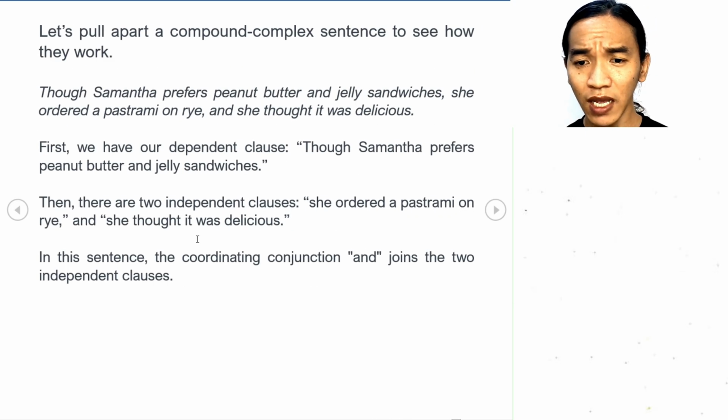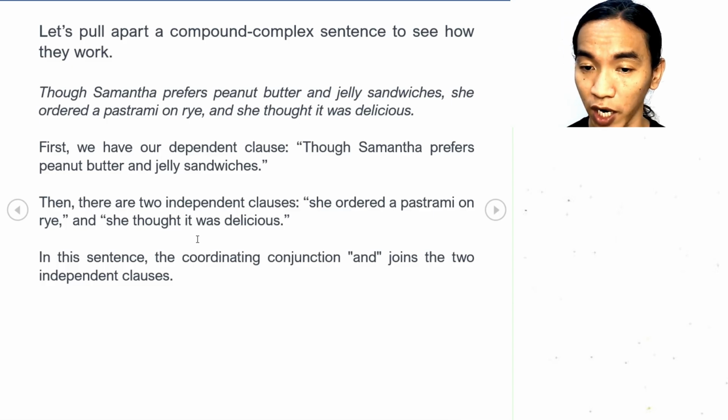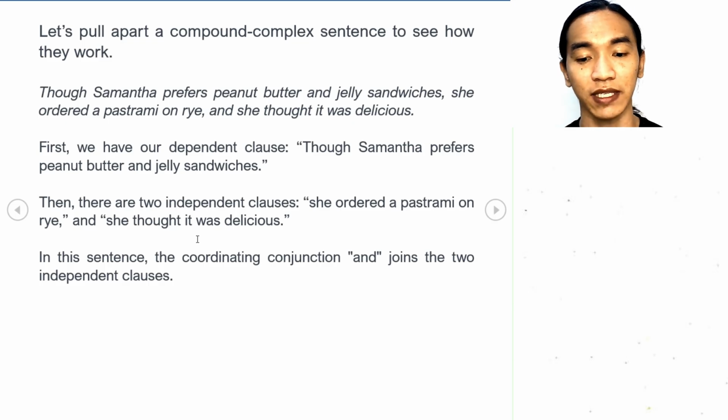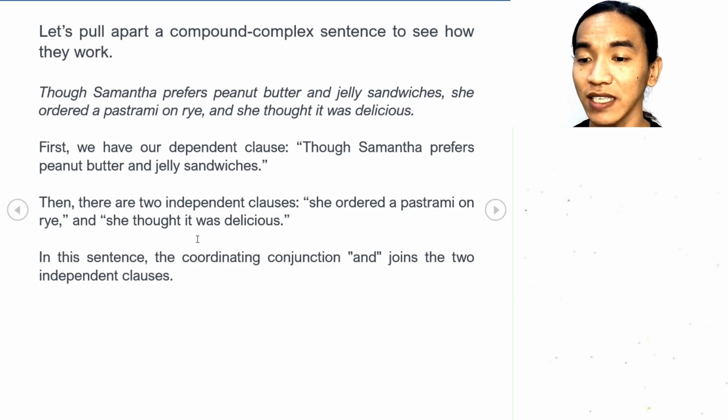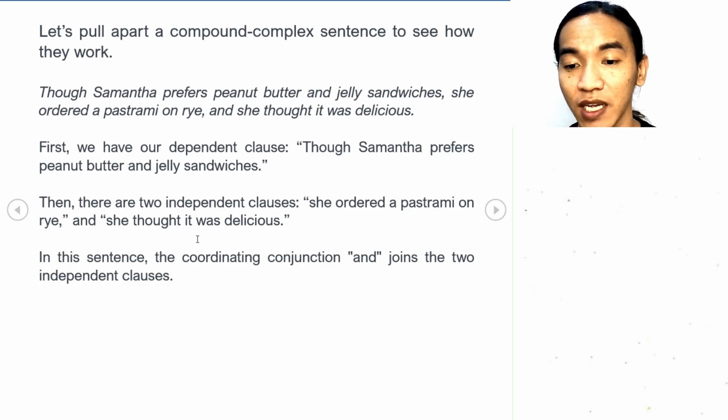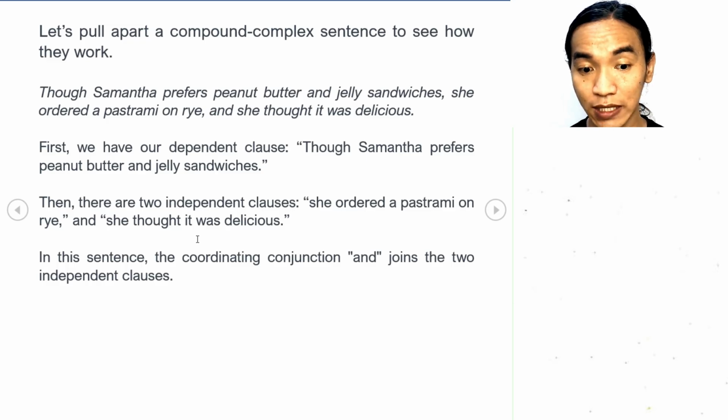Now, let's pull apart a compound complex sentence to see how they work. Let's see this example sentence here. Though Samantha prefers peanut butter and jelly sandwiches, she ordered a pastrami on rye and she thought it was delicious. So first, we have our dependent clause. As you see, the dependent clause is: though Samantha prefers peanut butter and jelly sandwiches.